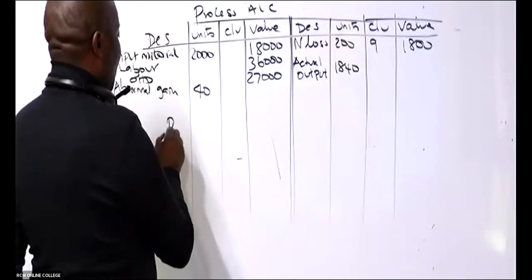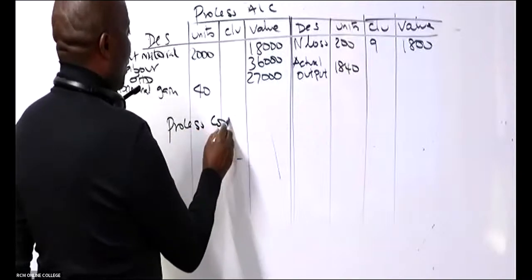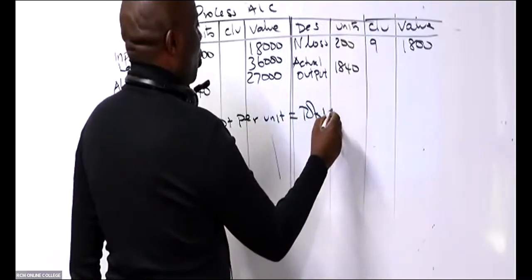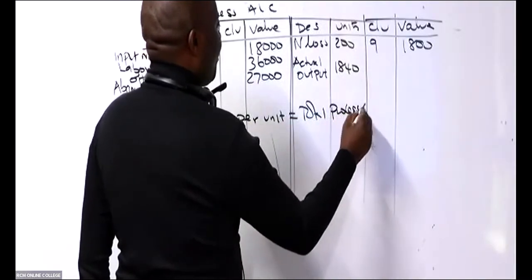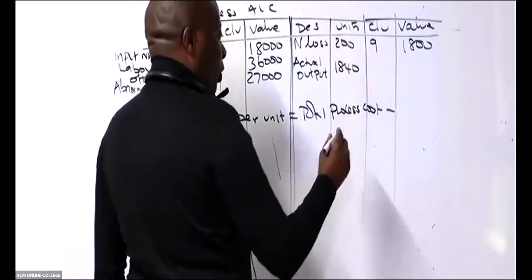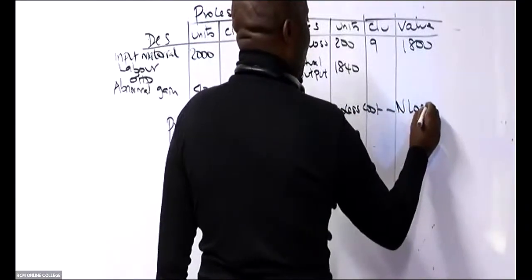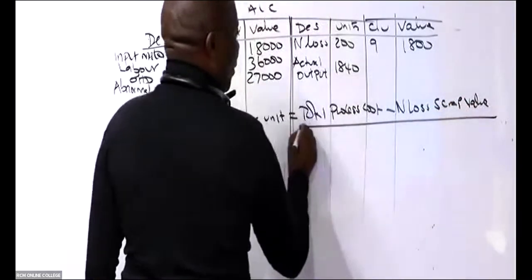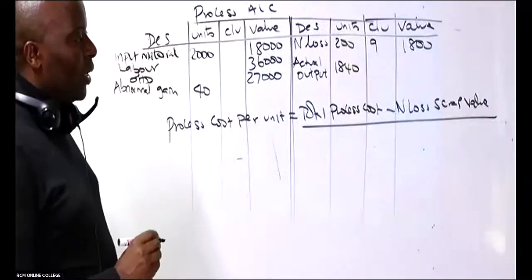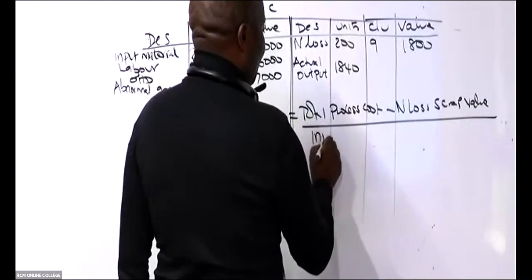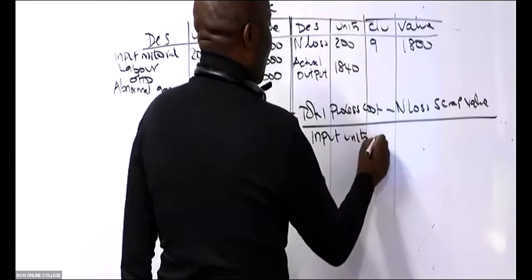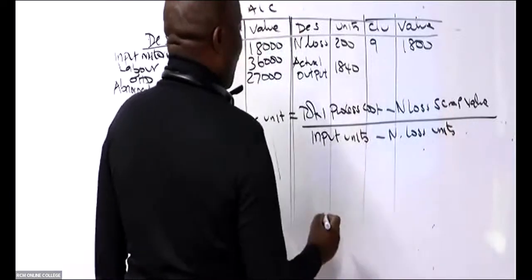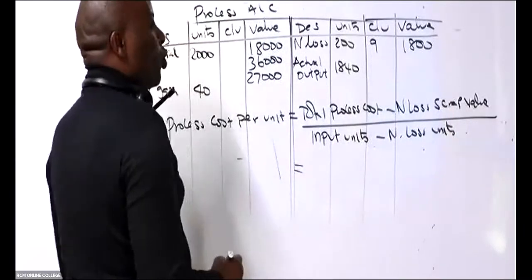So process cost per unit equals total process cost minus normal loss scrap value all over input units minus normal loss units.